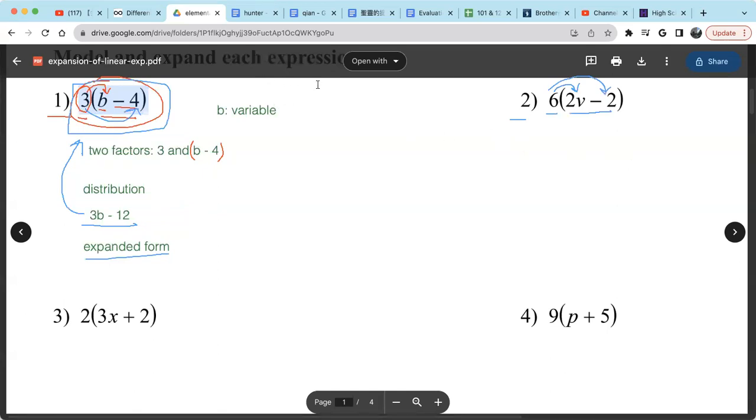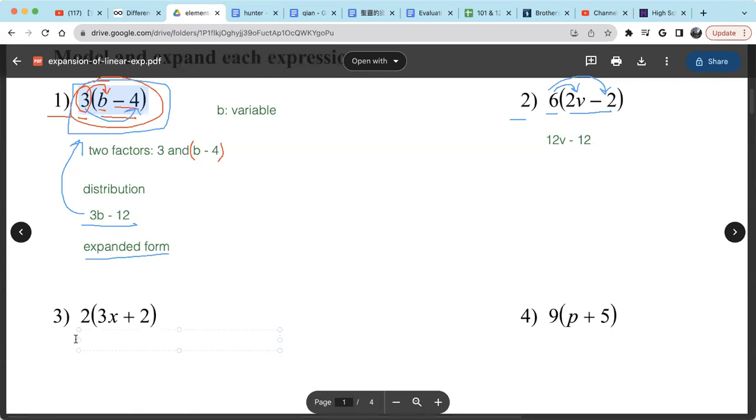We just multiply 6 with 2V. V is a variable. We cannot do anything with it, but we can multiply 6 with 2. That's 12. We get 12V, then minus 6 times 2, again minus 12. And that's it. Very direct, simple, and easy.